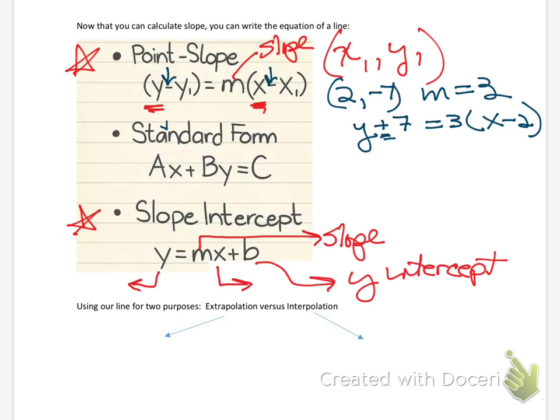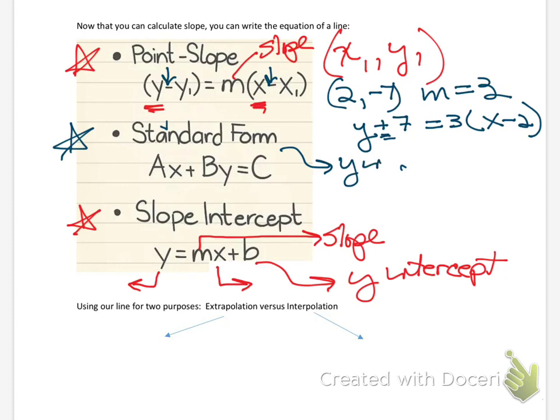Okay, standard form is a form that tends to confuse people because you generally cannot read your slope or your x or y intercept directly from that form. So what you're going to do is set things up to get your x and y intercepts.